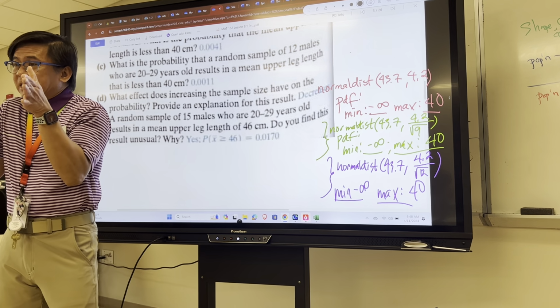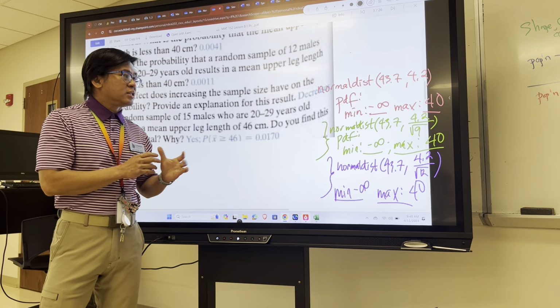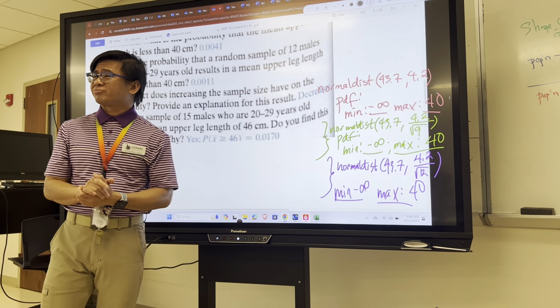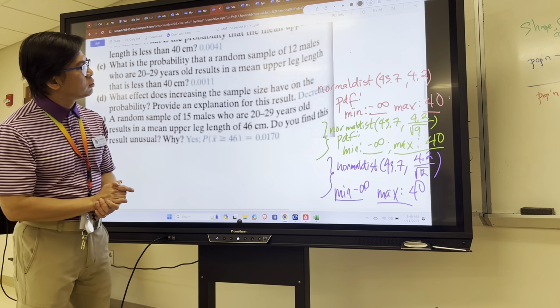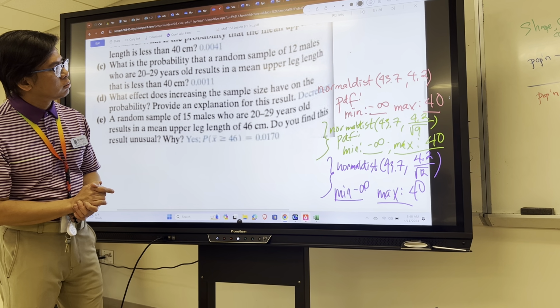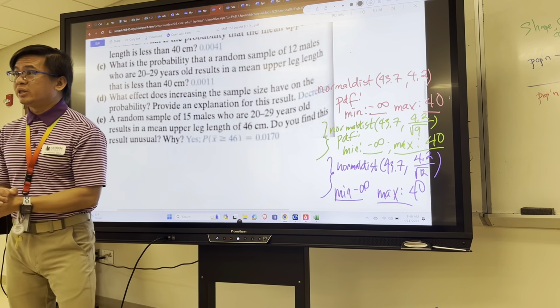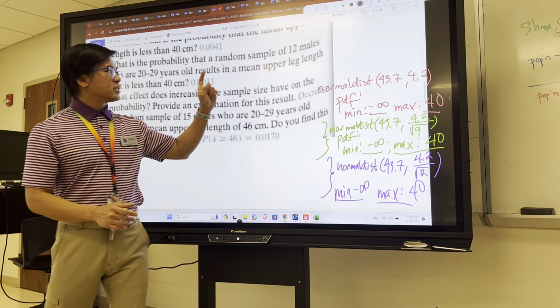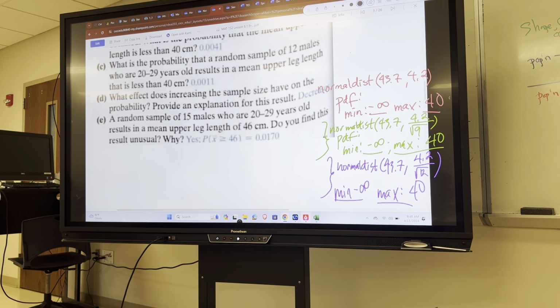So it lessens the spread. That means it also lessens the probability that your x in here is less than the random variable obtained, assumed to be 40 centimeters.